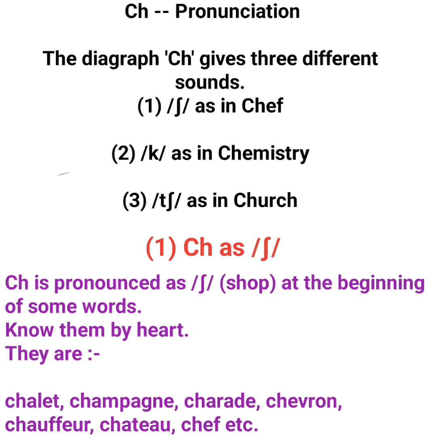So you have to know there are certain words that are spelled CH but give the SH sound. Among them are chalet, champagne, charade, chevron, chauffeur, chateau, chef. Have you seen that all these words I pronounced with the sh sound?